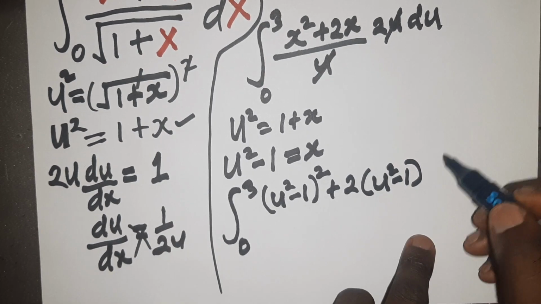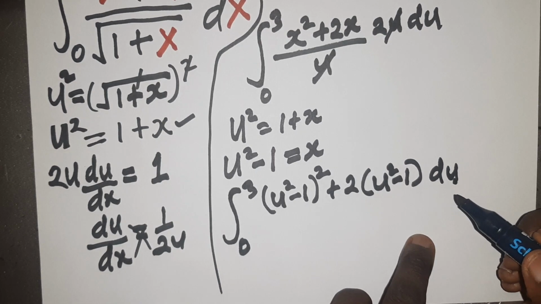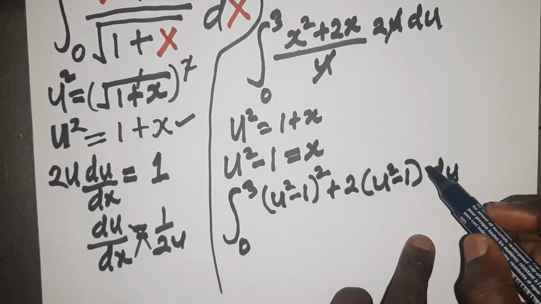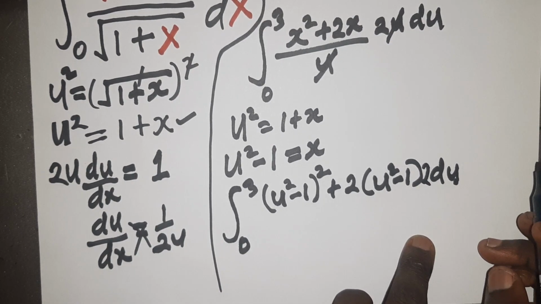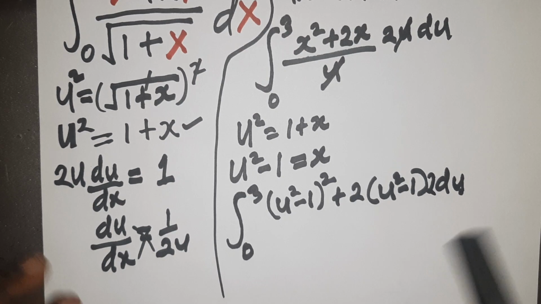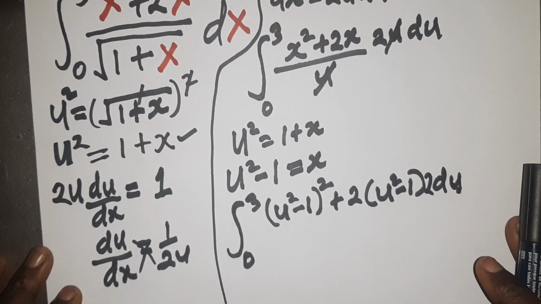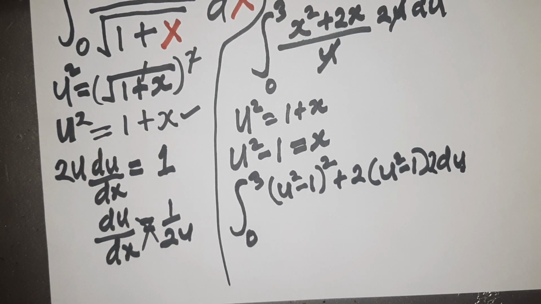Then with respect to u, now it makes sense. I have my u and I have u everywhere all through. So now it makes sense. Oh, I forgot my 2. Fix that one carefully here. So that's 2. So the 2 is still there. Then okay, let me expand this. If you expand this, you now have the integral.